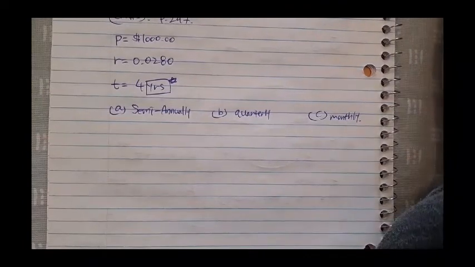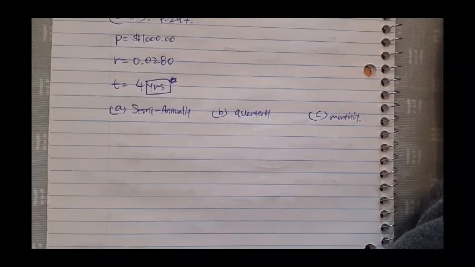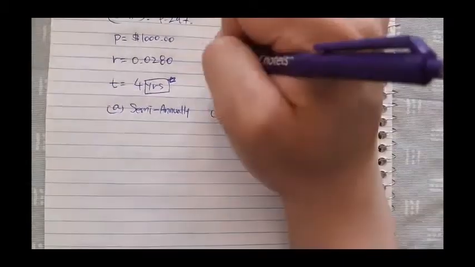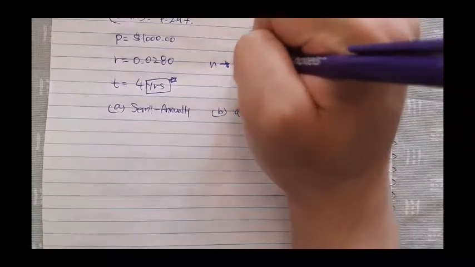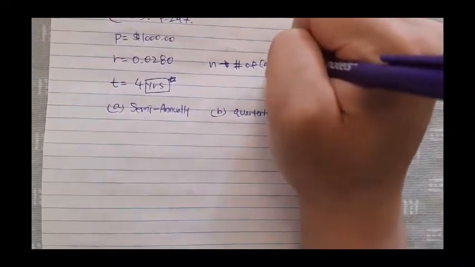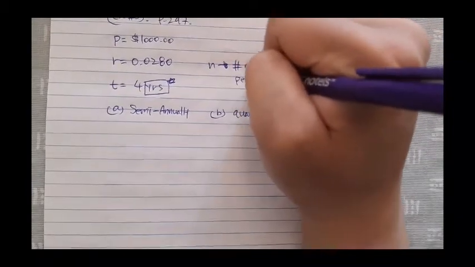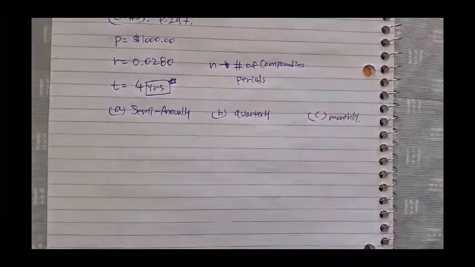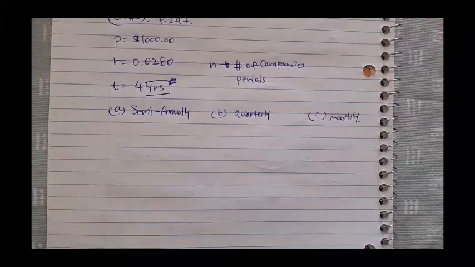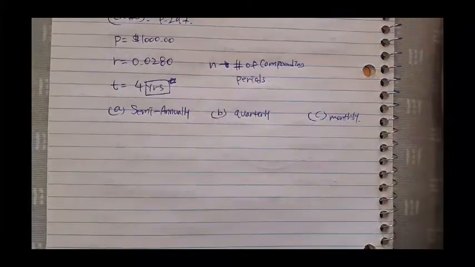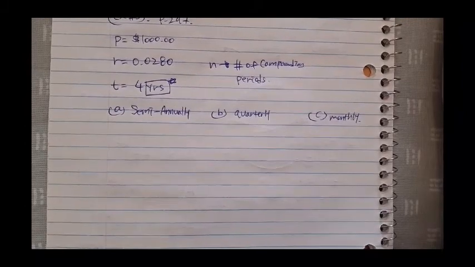Now, let's think about it. n represents our compound periods, specifically the number of compounding periods. That means how many times in these 4 years the period is repeating every year.